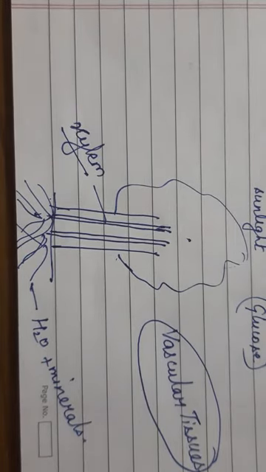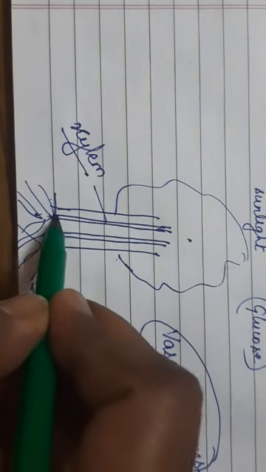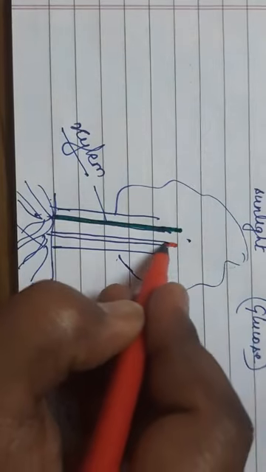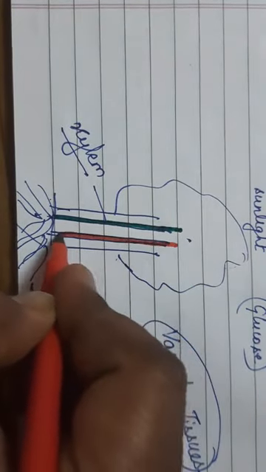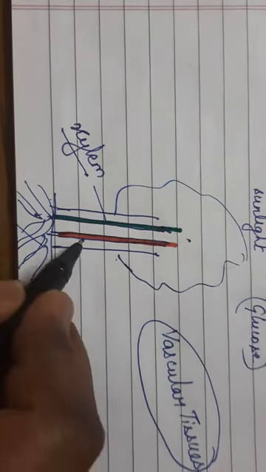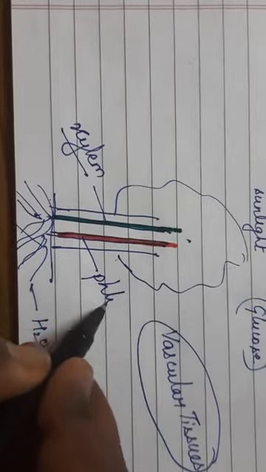So as you can see here, this is xylem. Xylem carries water and minerals from the root to all parts of the plant. And then you have got phloem. What does the phloem do? The phloem carries the food prepared by the leaves to different parts of the plant.